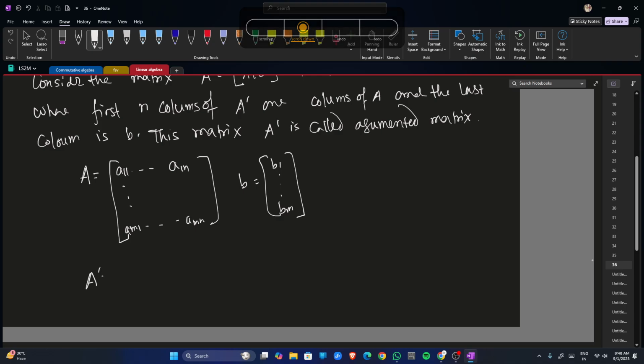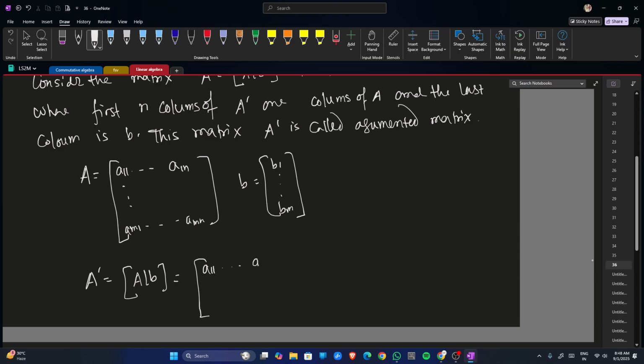Then A dash equal to A11 A1n, AM1 AMN, with b1 to bm as the last column. So the augmented matrix looks like this.